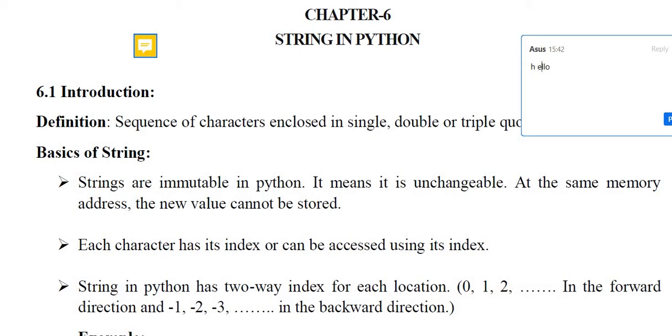H is one character, then E is another, L is another, L is another, and O. It's just a sequence of characters, and when you write it in Python, you have to enclose it in a single, double, or triple quote, like 'hello'. It's correct. If you write it with double quotes, "hello", it's also correct.